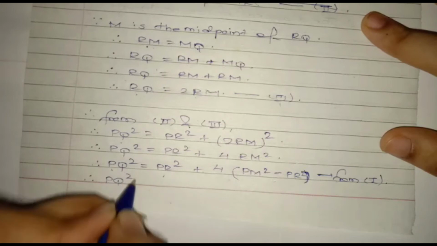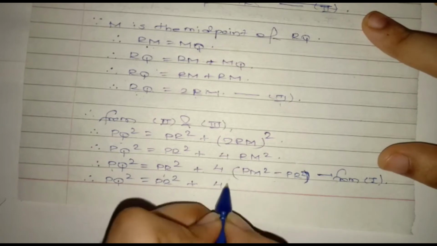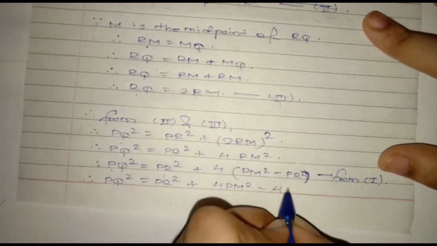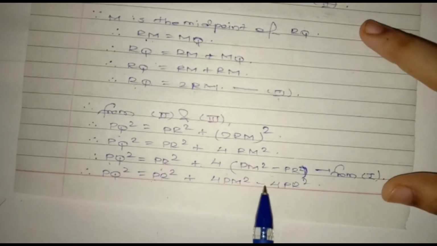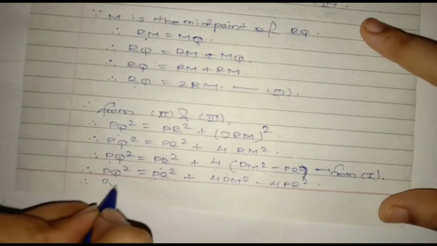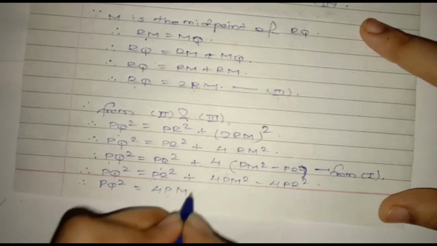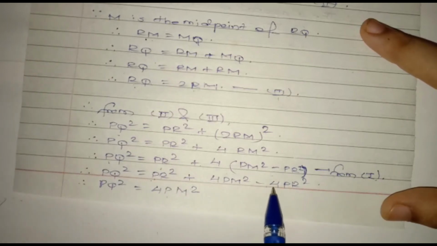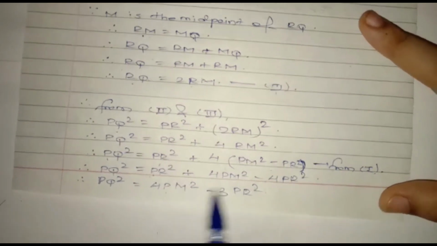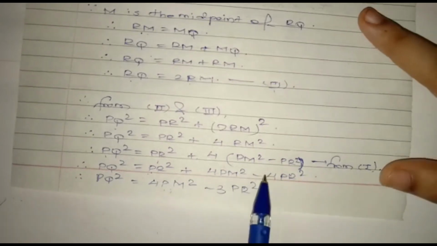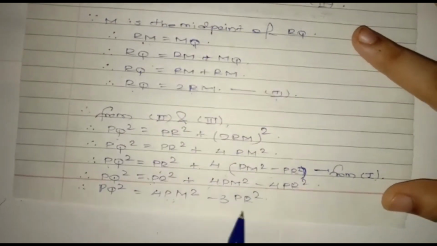Therefore PQ square is equal to PR square plus 4 PM square minus 4 PR square, multiplying in the bracket. Subtracting, plus 1 PR square minus 4 PR square gives minus 3 PR square. So PQ square is equal to 4 PM square minus 3 PR square, and this is the term needed in the proof.